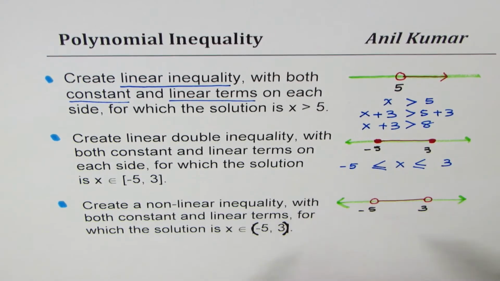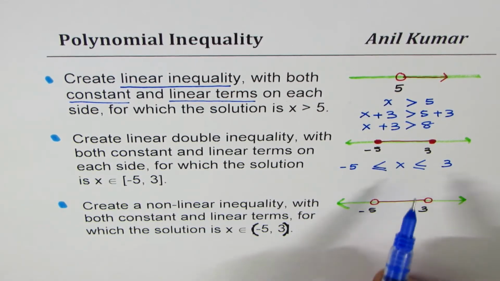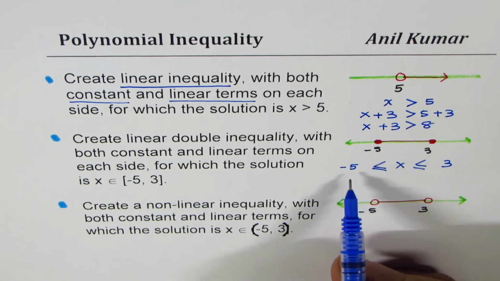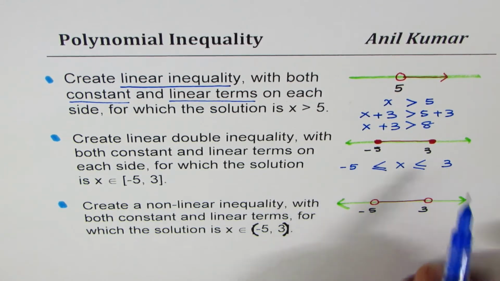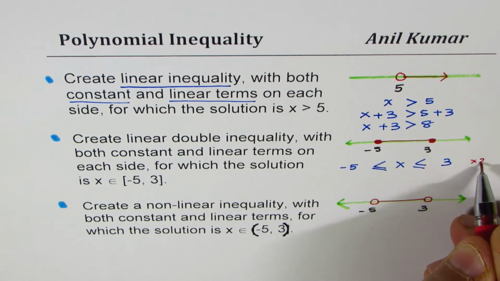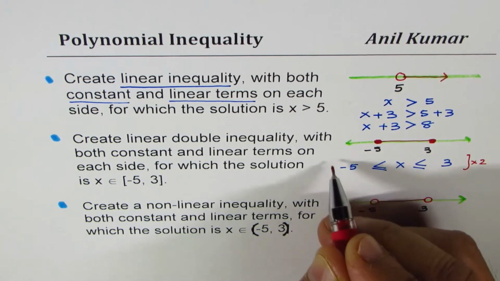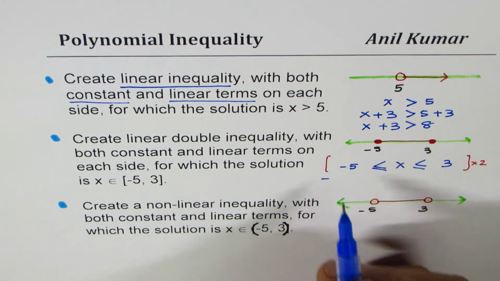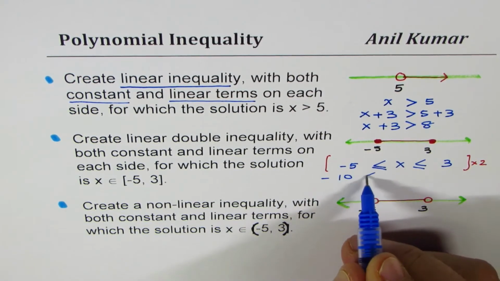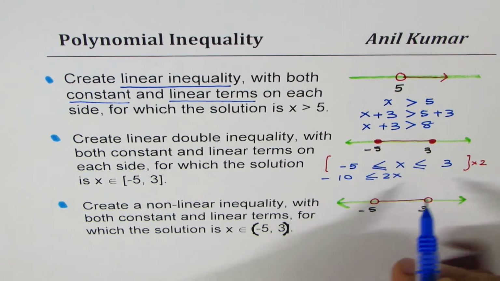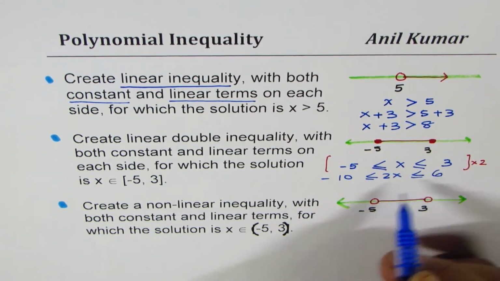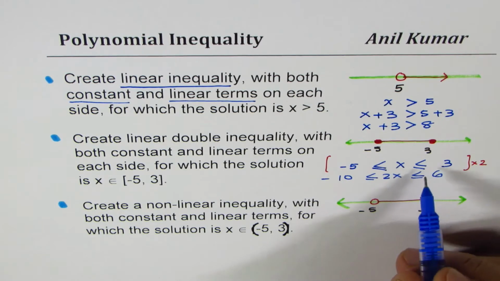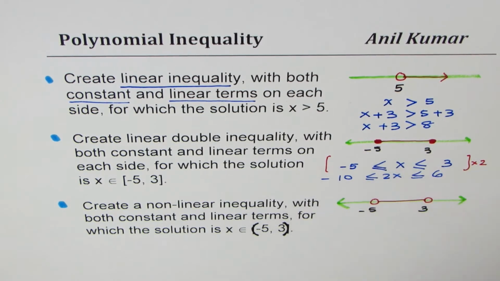So that is your double inequality, right? Now here we can actually multiply each term by, let us say, 2. So one step, I'll do times 2 on each term. What do I get? I get -10 is less than or equal to 2x is less than or equal to 6. Do you see that? It is exactly the same, which will have the same solution.